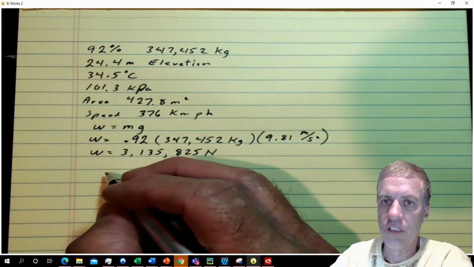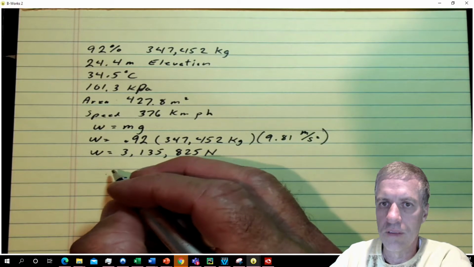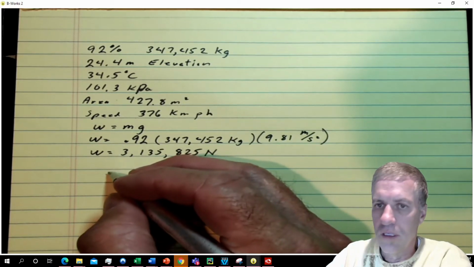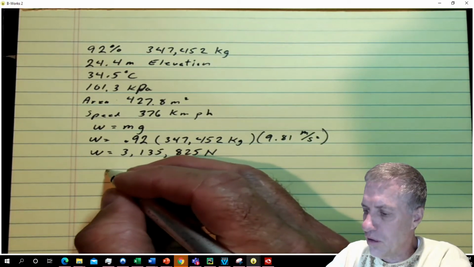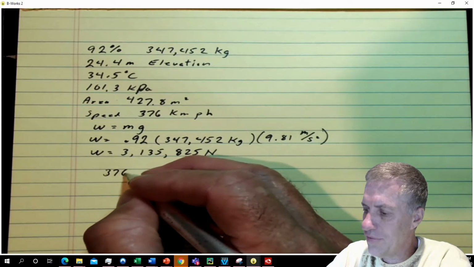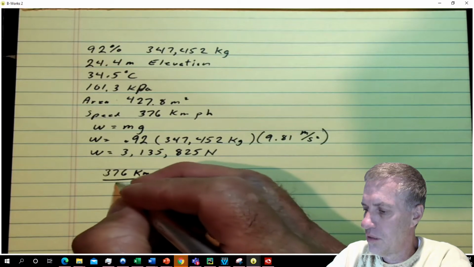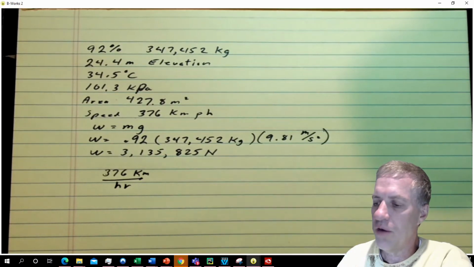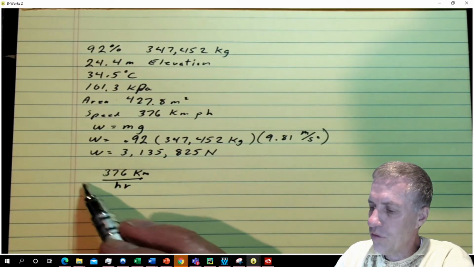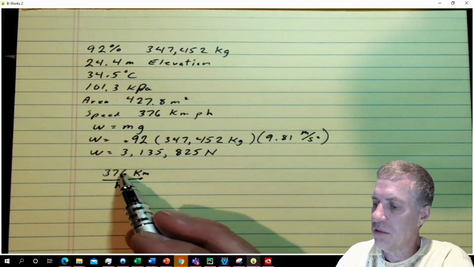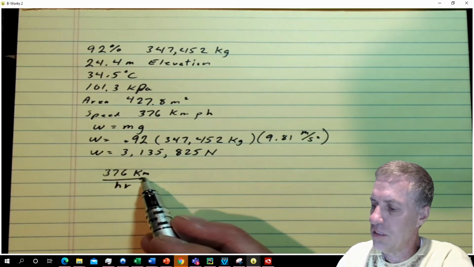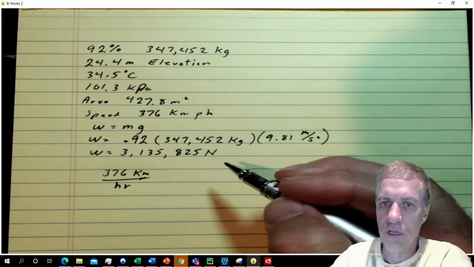Okay, making this conversion. We can take our 376 kilometers per hour, and usually we'd have that 376 as a coefficient out here, but for the canceling, I think it's easier if I go ahead and just put it in the numerator where it would go.